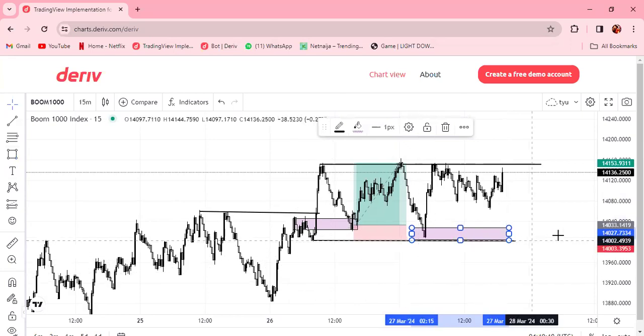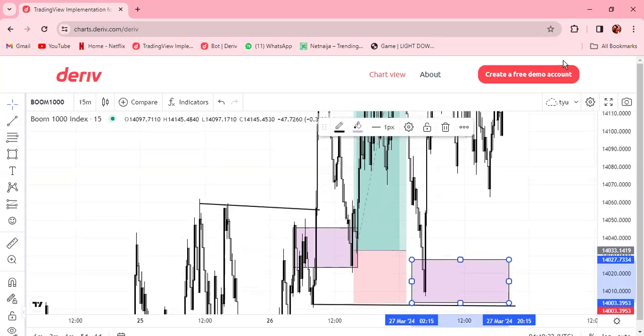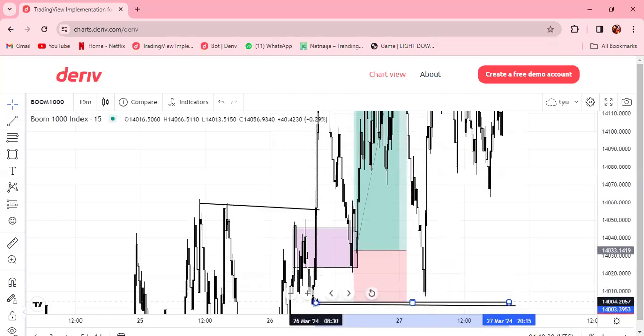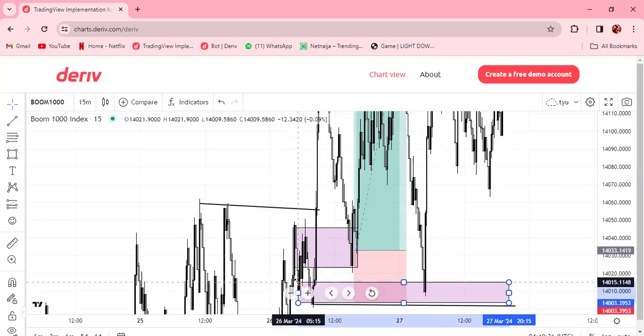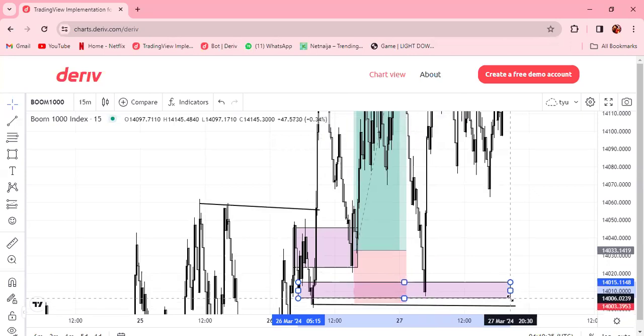When you look carefully, you can see that a QML was formed in this zone. Let me mark our QML block like this. When I mark it like this, you can see that it was not filled.